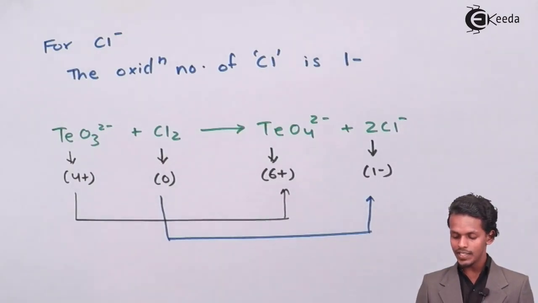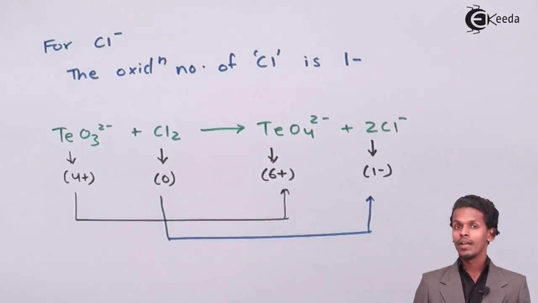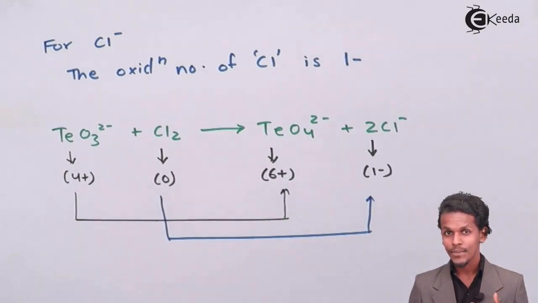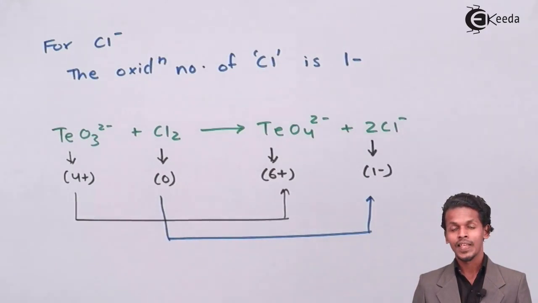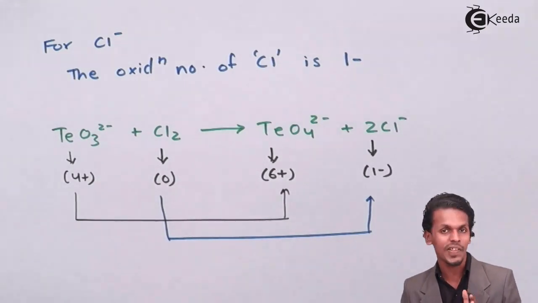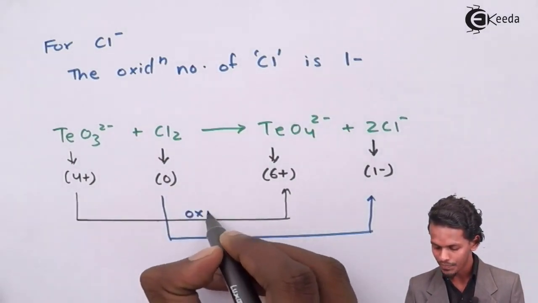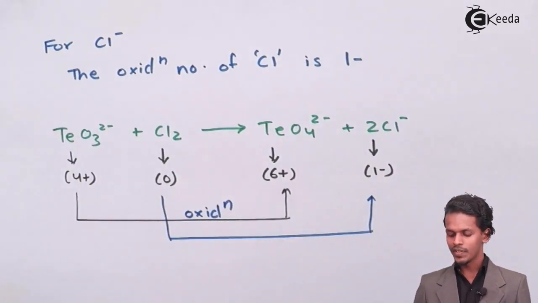So in this case, as we can see, tellurium is converting from plus 4 to plus 6. It means it has lost electrons. So by losing 2 electrons, it will convert from plus 4 oxidation state to plus 6 oxidation state. So therefore this process is nothing but oxidation.